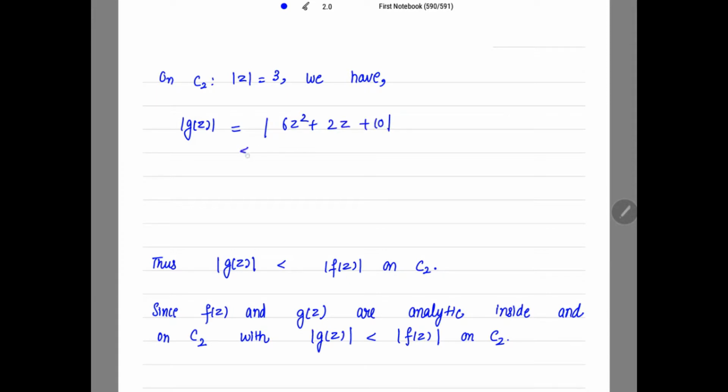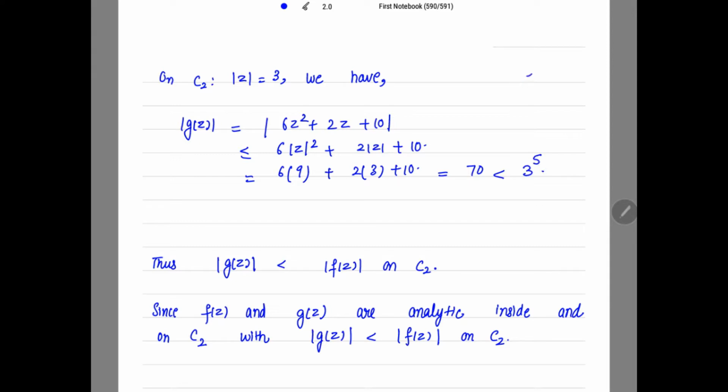This is less than or equal to 6 mod z square plus 2 mod z plus 10. Put the value of mod z equal to 3 over here. After putting, this is 6 times 9, plus 2 times 3, plus 10, which comes out to be equal to 70, right? And this 70 is less than 3 to the power 5.